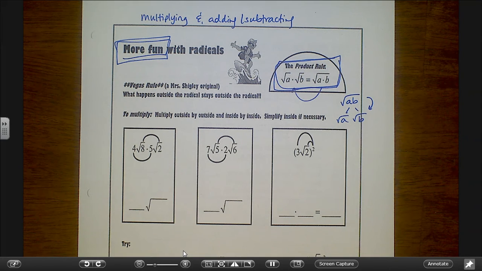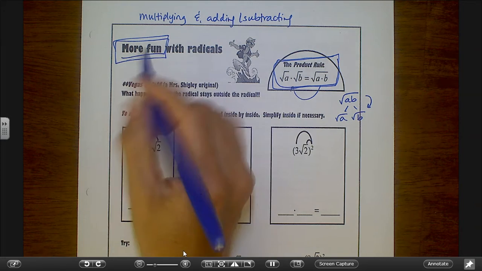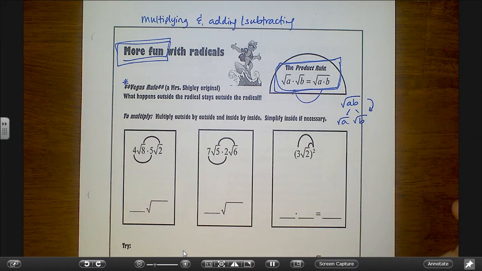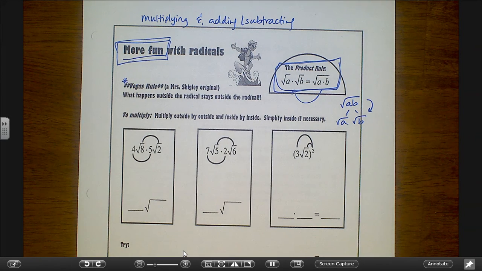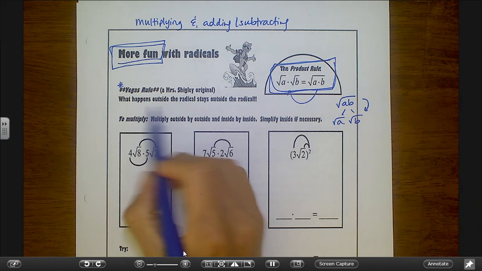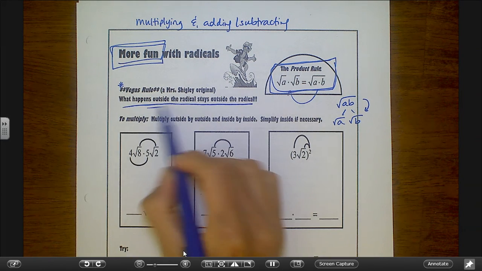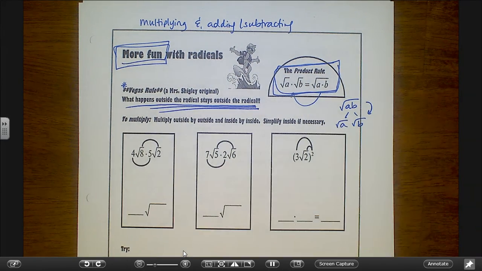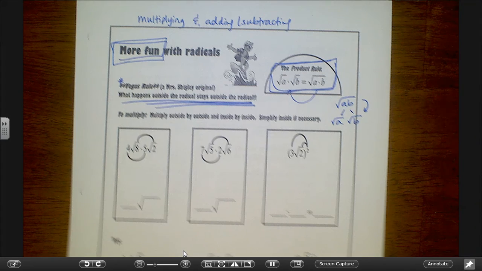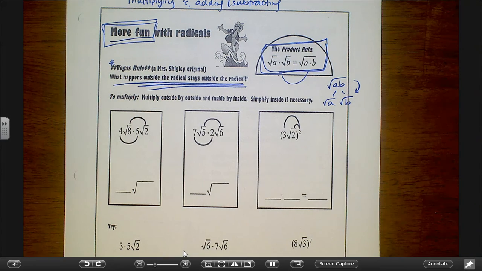Okay. So when you multiply radicals together, here's my Vegas rule, right? The Vegas tagline: what happens in Vegas stays in Vegas. What happens outside the radical stays outside the radical. If there is a number that's not under a radical, you cannot put it under a radical.